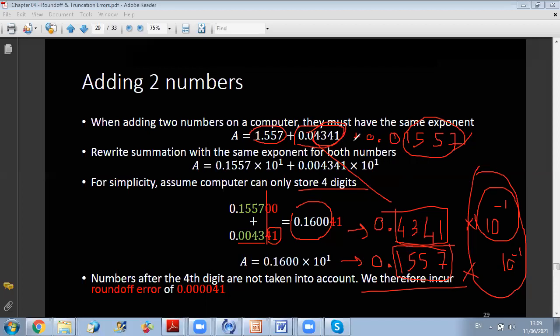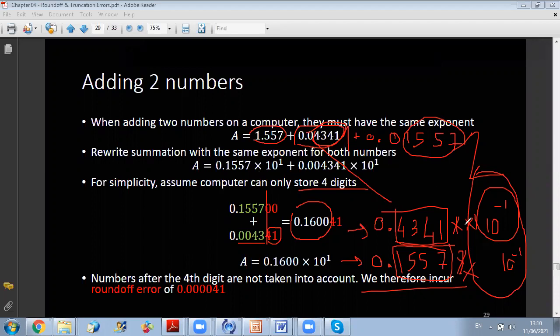Now, if I add a digit here, if I now want to add 0.043411 with 0.15572, then in this case my computer will not see the 1 here and will not see the 2. So I will have a round off error. This is why I was telling you that in order to compute the error I can have, this error is relative.